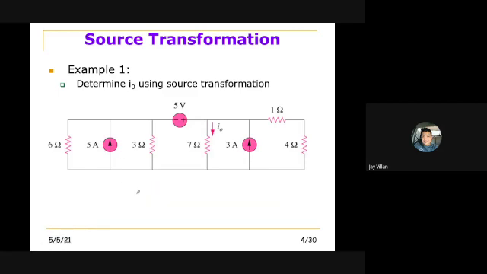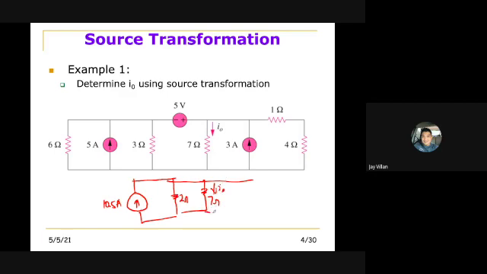Okay, so the resulting circuit will now be 10.5 amperes connected in parallel with your 2 ohm resistance, 7 ohm resistance where current IO flows.